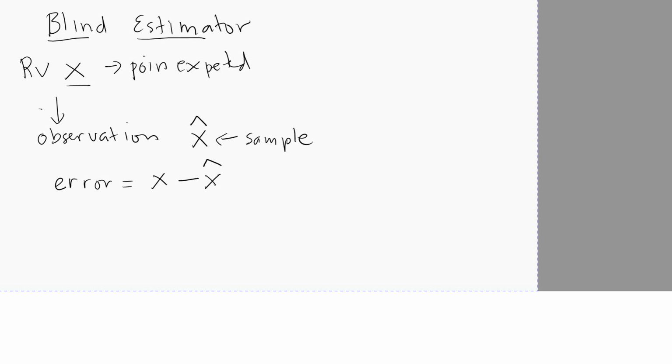To make the error robust, we power this error by 2, and then the expression becomes like this.